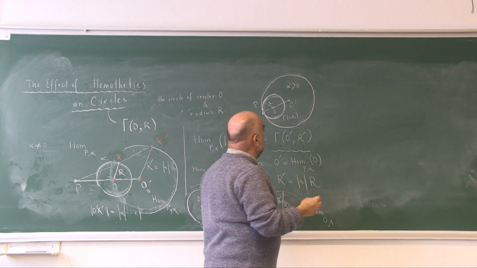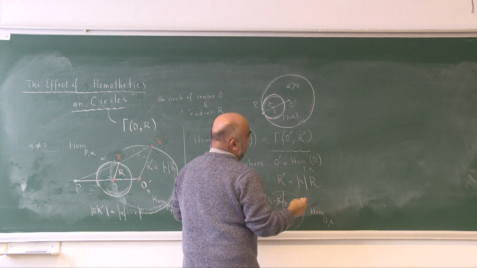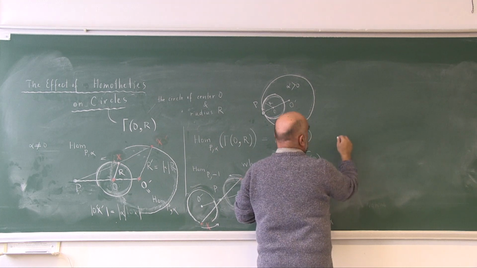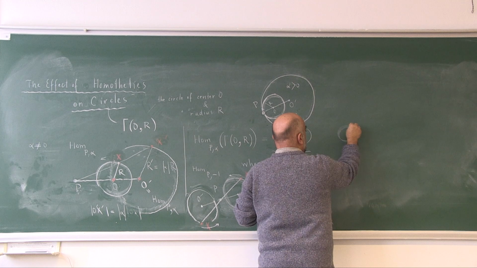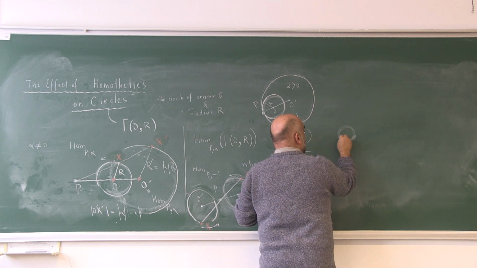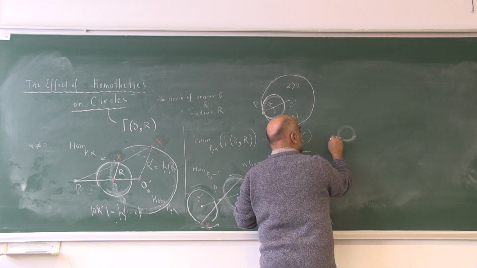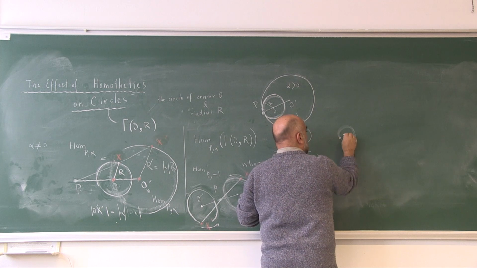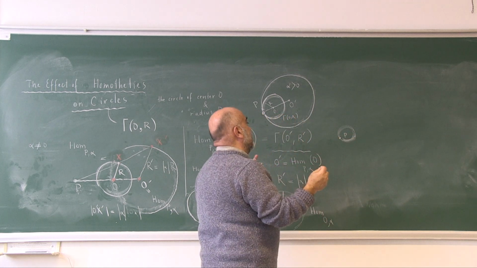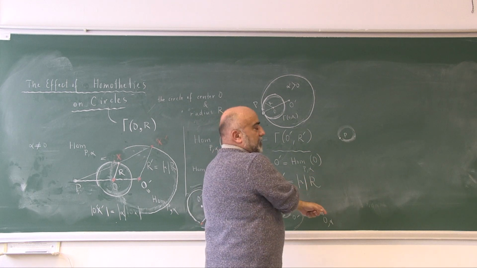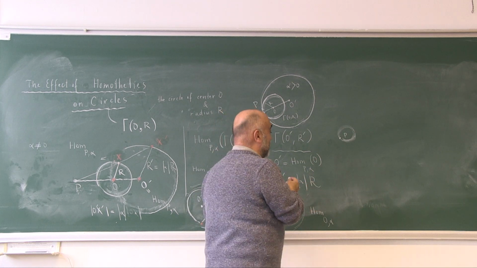If alpha is negative, you get a similar and perhaps even more exciting picture. Here is your small circle, and here is the point P. Let's say you take a homothety with a negative ratio of similitude.